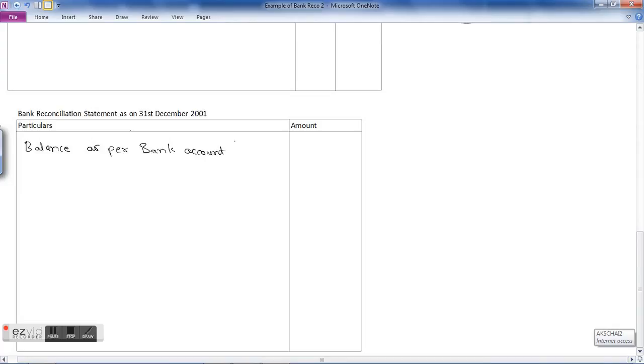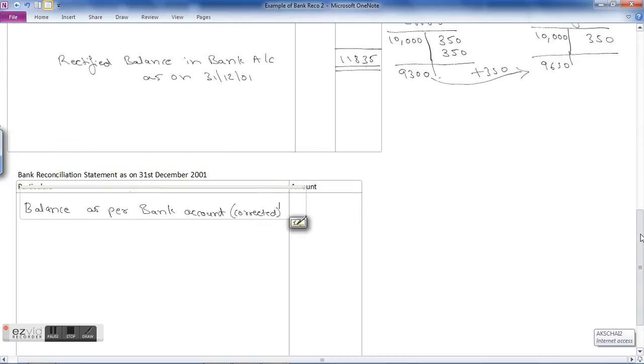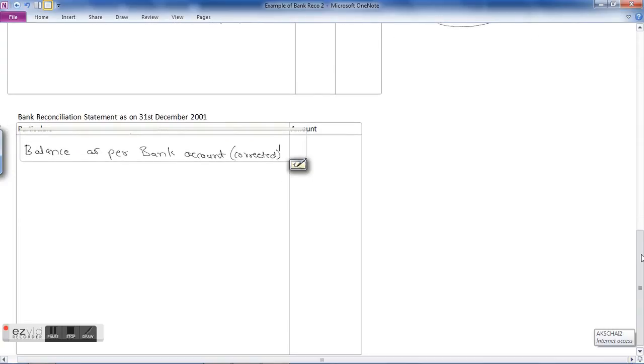We will take the corrected balance. What is the balance here? It's 11,835. Now we'll see what are the bank reconciliation items.